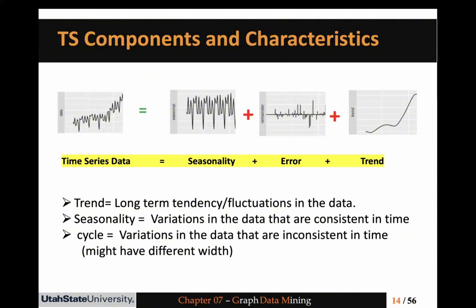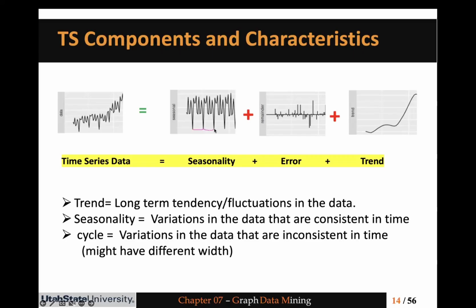The trend, of course, is one of the most important components, and the cyclicity, which we will talk about in the next slide. All right, so we'll start by defining each component at once. A seasonality is a regular repeating pattern where the delta T between one pattern and another one is equal in terms of time. In other terms, here the first pattern starts and ends in this unit of time.